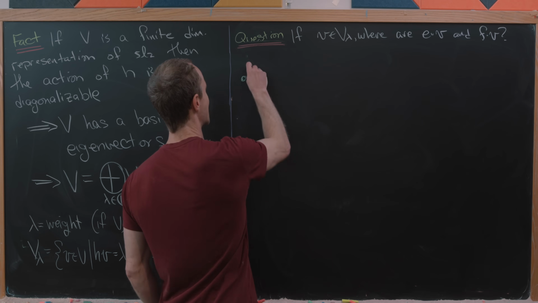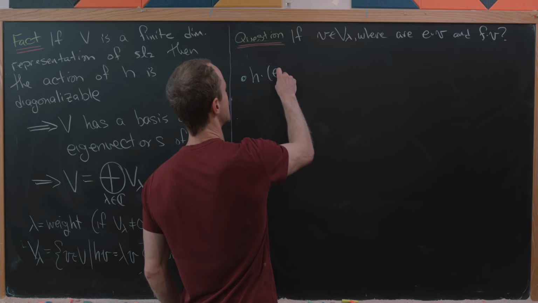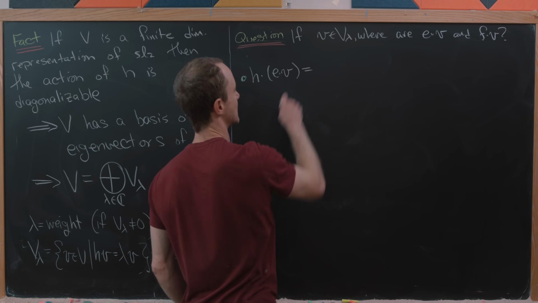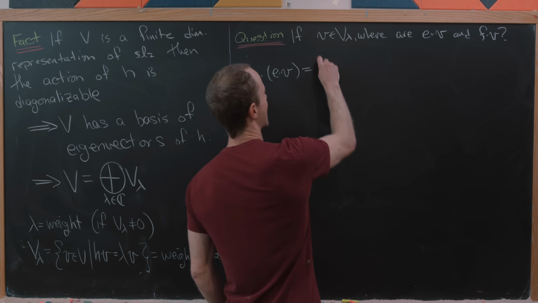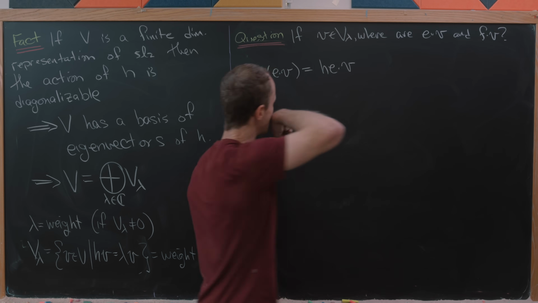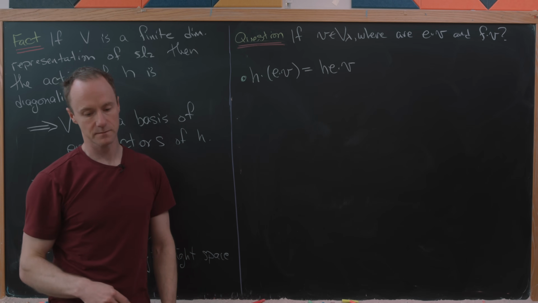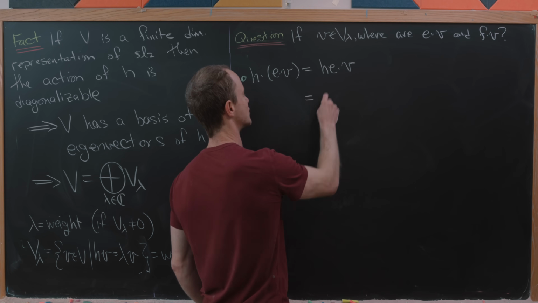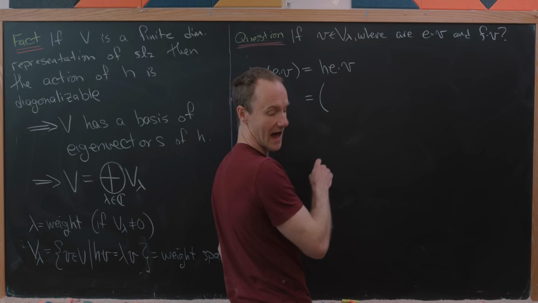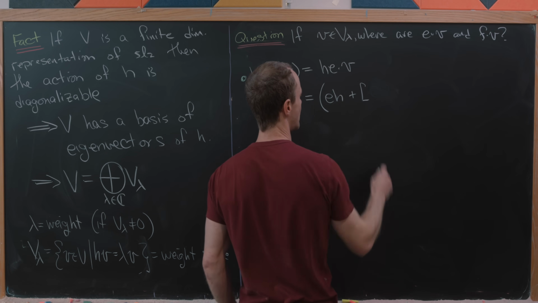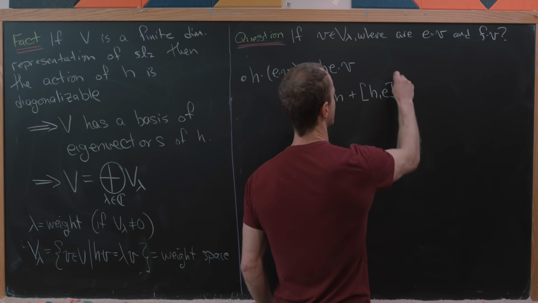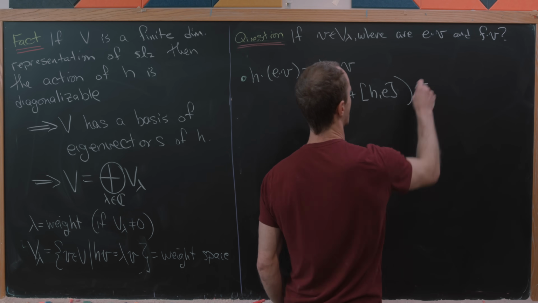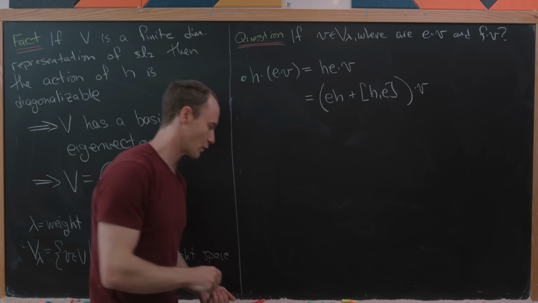Let's do H acting on E acting on v. But then I'm going to write that as HE acting on v, kind of abusing notation a little bit. And then I'm going to take that HE and write it as EH plus the bracket of H with E, and that's all acting on v. Now, why does that work?